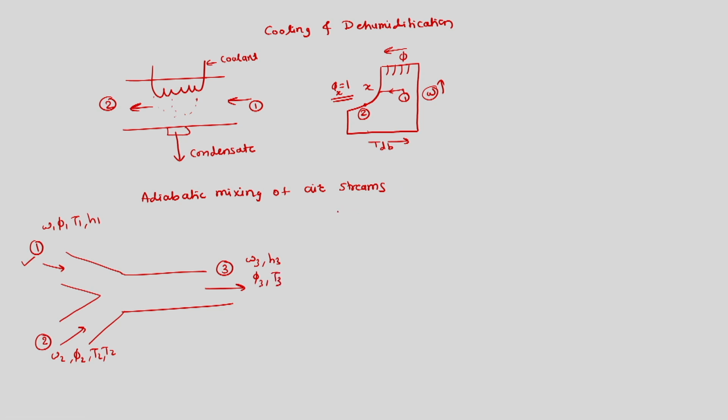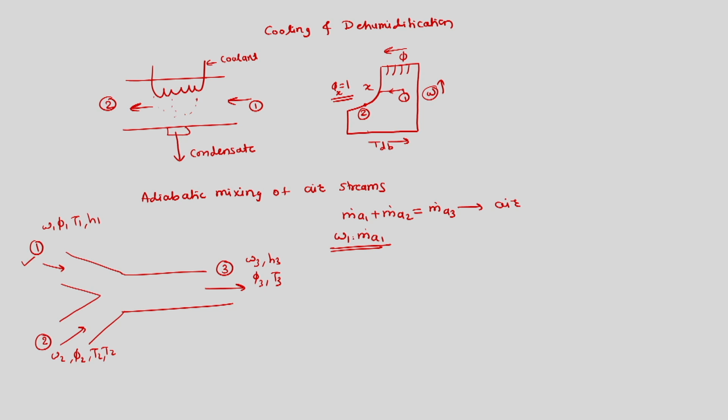Here we can remember that m dot A1 plus m dot A2 is equal to m dot A3. This is for air. Then for water vapor we will have omega 1 into m dot A1. This is specific humidity, which is mass of vapor per unit mass of dry air, so we have multiplied.